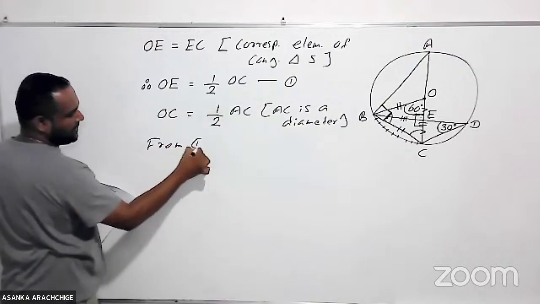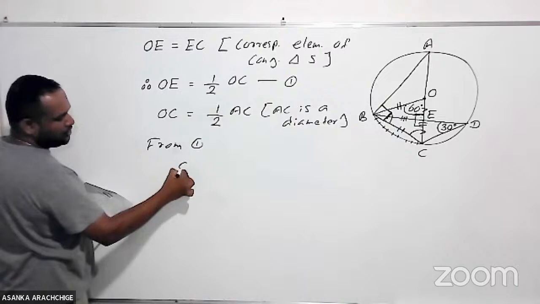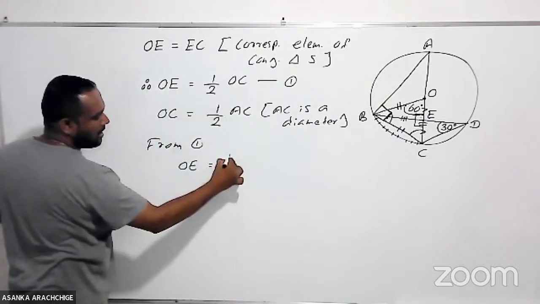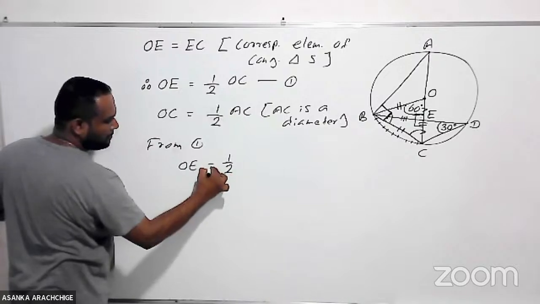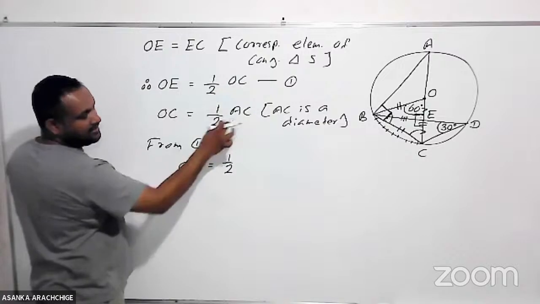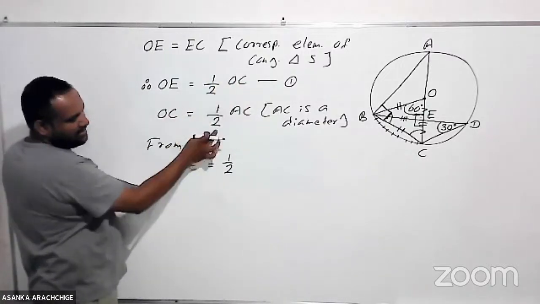From 1 to 3. From 1, again I write OE equals half. Instead of OC, can't I write half AC?